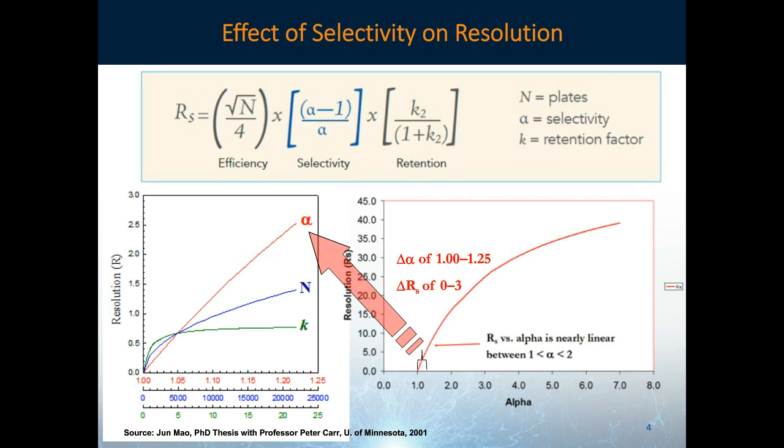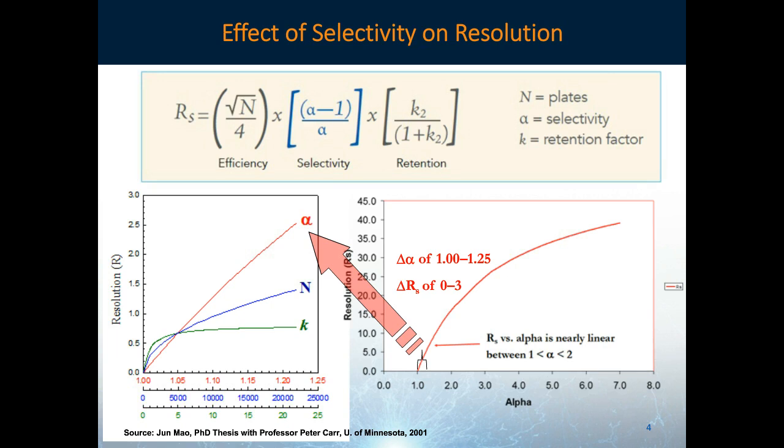If you first direct your attention to the right-hand plot, we're plotting resolution versus alpha, and in this range between 1 and 2 for alpha, you can see that the relationship is nearly linear.